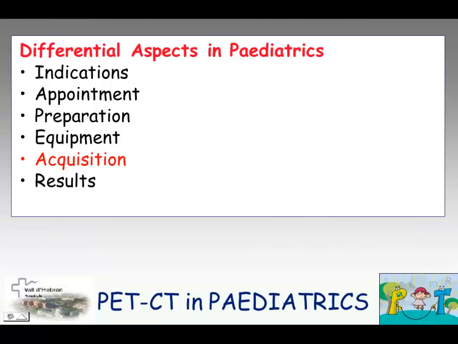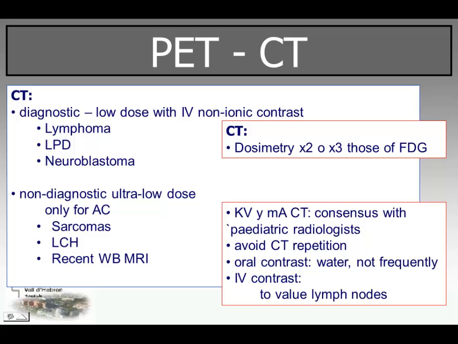And for the acquisition, about the CT: remember that the CT represents 2 or 3 times the dosimetry of the FDG. But in fact, we need a diagnostic CT with a low dose but diagnostic, and with intravenous non-ionic contrast in case of lymphoma, in case of suspicion of lymphoproliferative disorders, and in neuroblastoma.